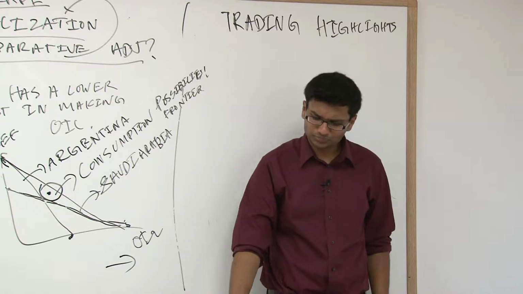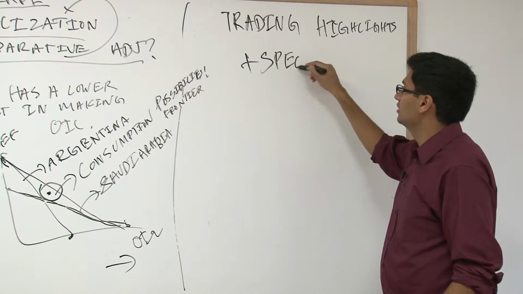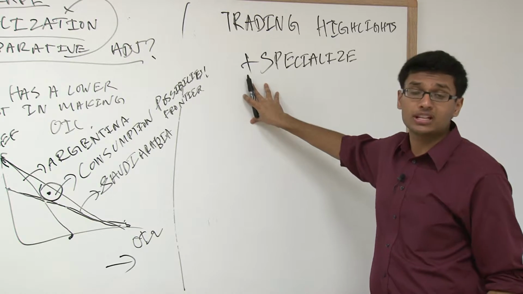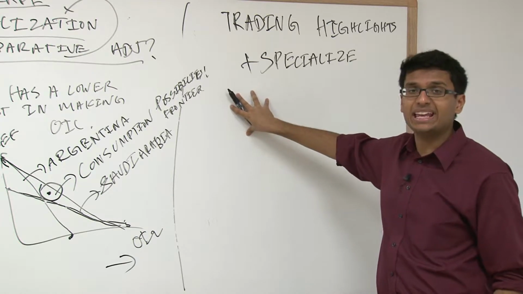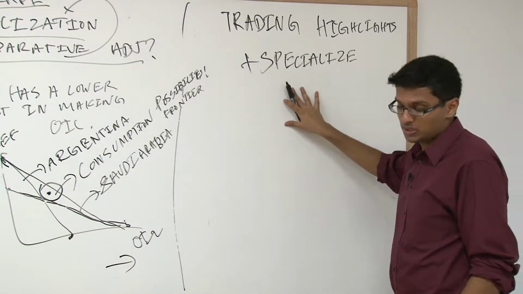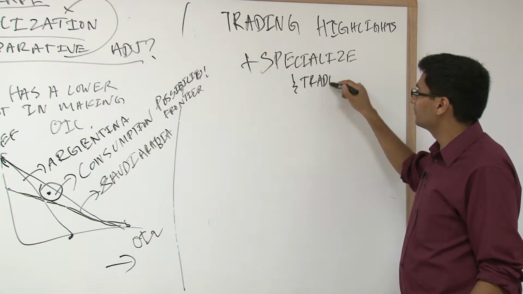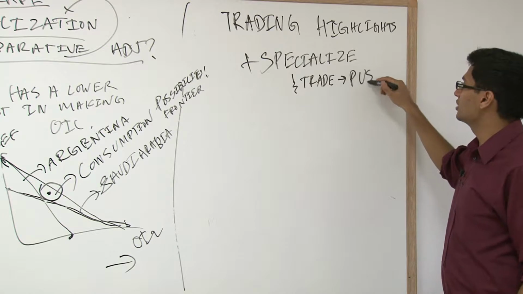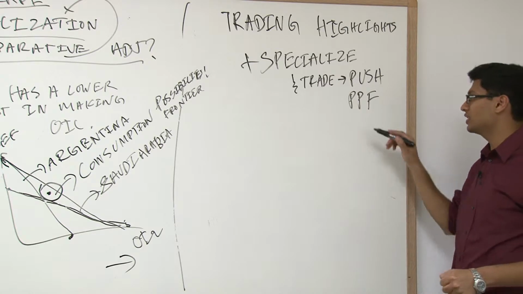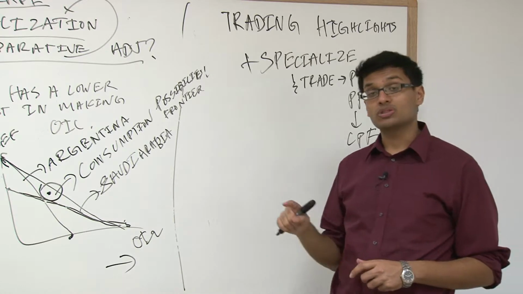So let's talk about the fact that when you specialize, you understand that specialization comes from the fact that you have a lower opportunity cost in making something, aka you have a comparative advantage. So if you are able to specialize and then trade, you can push your production possibilities frontier to the CPF, which is the consumption possibilities frontier, which is what we saw before.